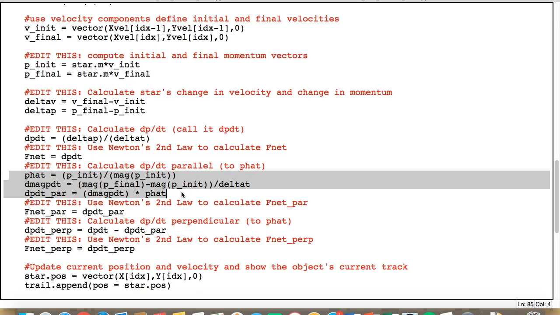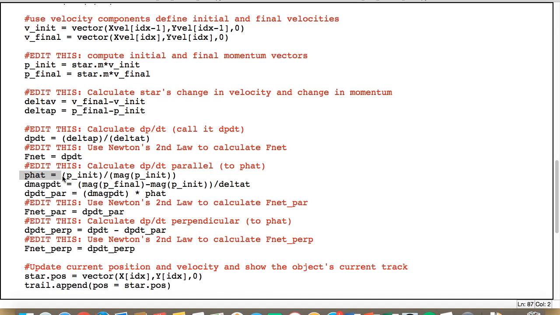This part of the code gives the direction of the motion of the star. So p hat is the unit vector of the parallel component of the change in momentum over time.